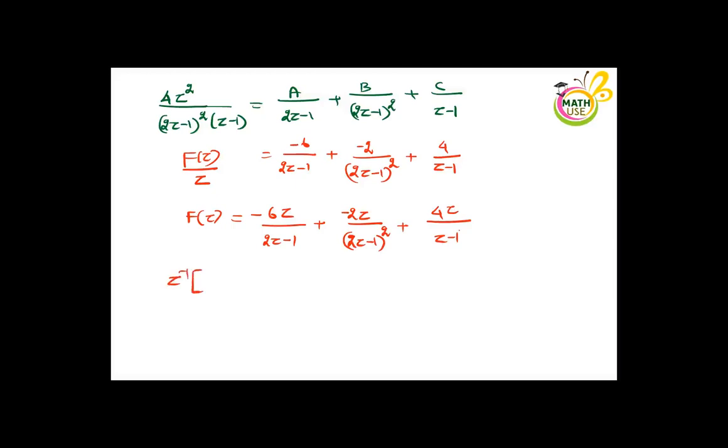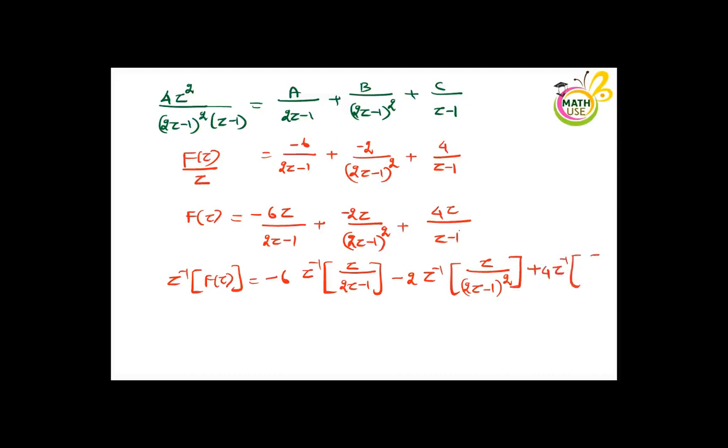So z inverse of capital F of z equal to minus 6 into z inverse of z by (2z − 1), then minus 2 into z inverse of z by (2z − 1) the whole square, plus 4 into z inverse of z by (z − 1).